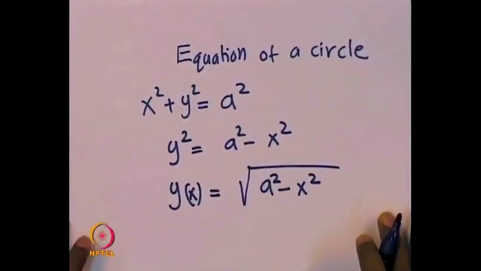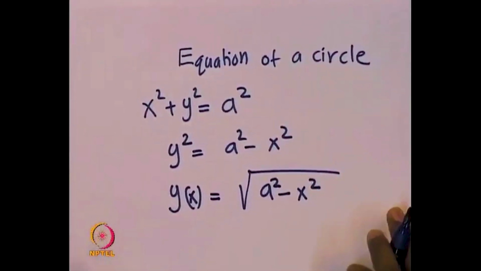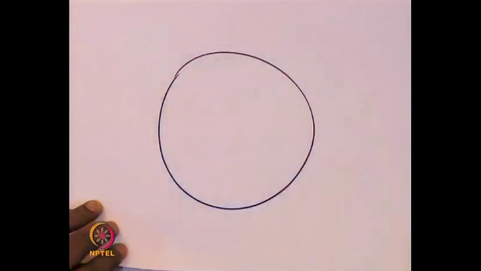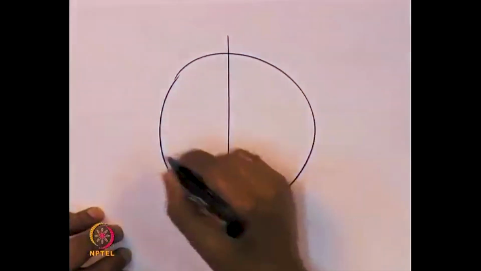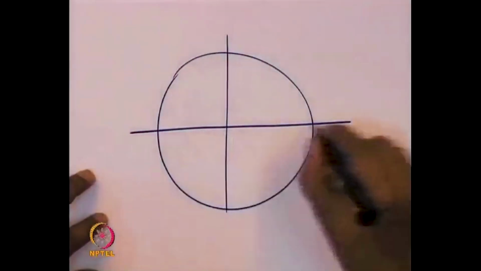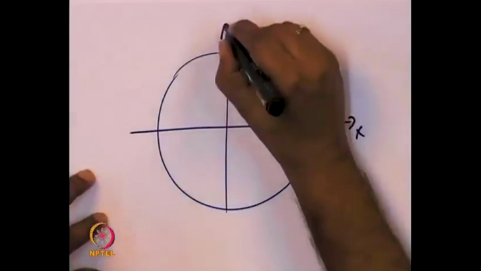Now let us take a small section, let us think of the circle. I did not draw it very nicely, but this is our x axis and this is our y axis.